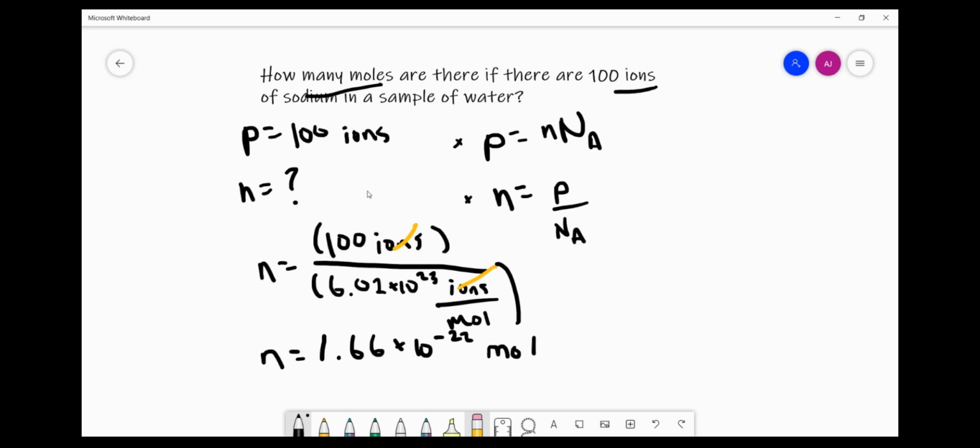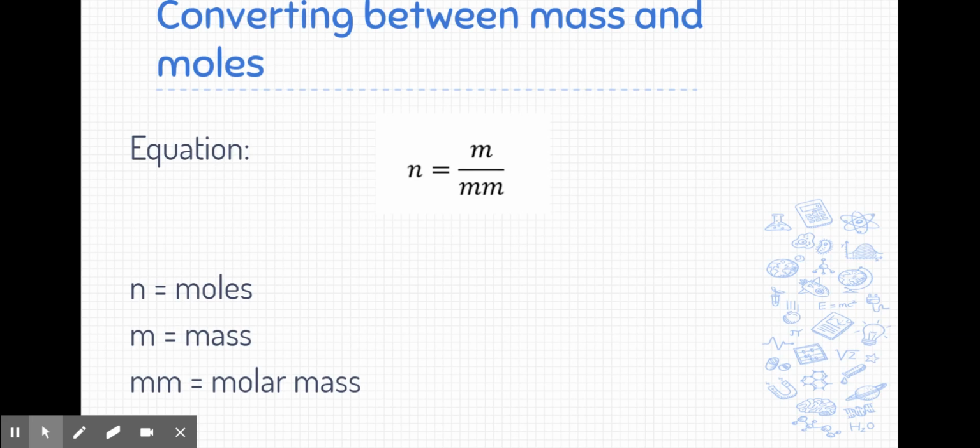Let's move on to our more central equation now in chemistry. The most important equation in this unit is this one here. Moles is equal to mass divided by its molar mass.